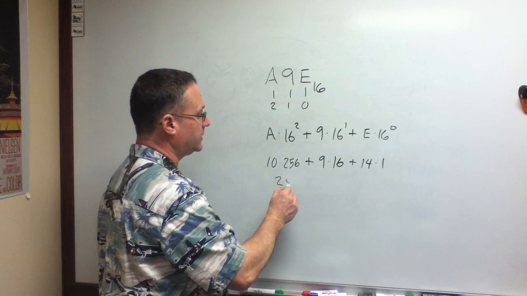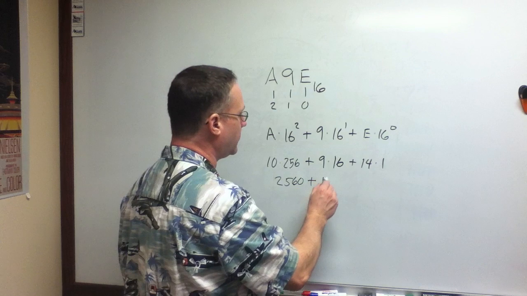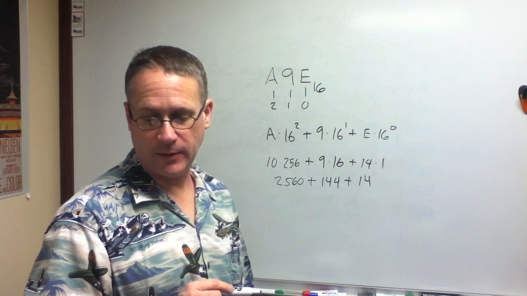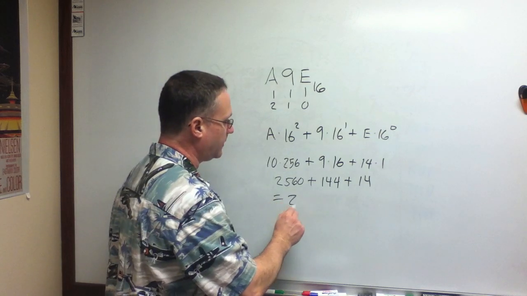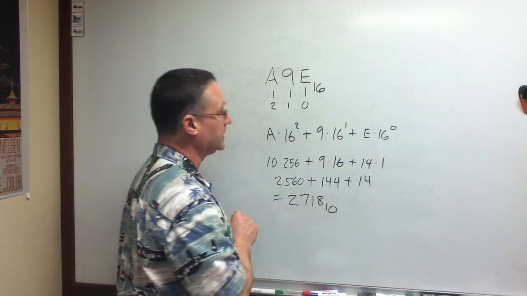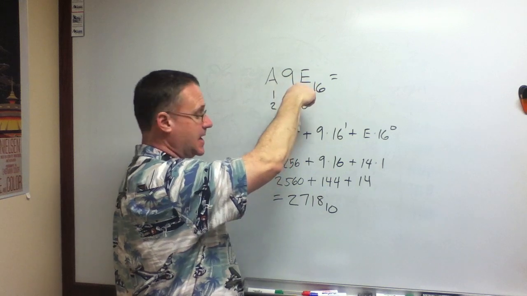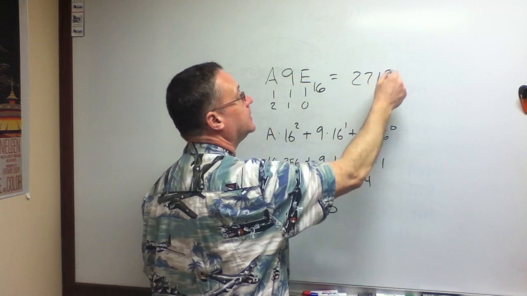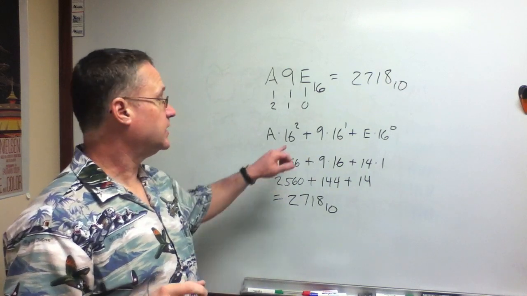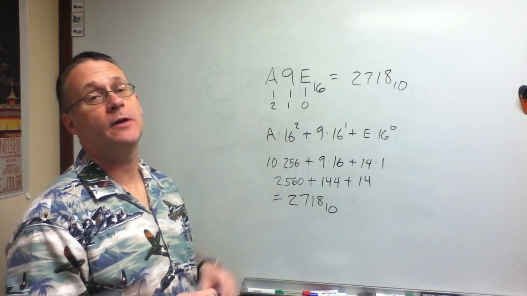So 2,560 plus 144 plus 14, if I do the math and add all that together, I end up with 2718 in base 10. So this number in hexadecimal representation looks like that, and in decimal looks like that. It's the same process, it's just using different bases and different digits. The concept, though, is the same.